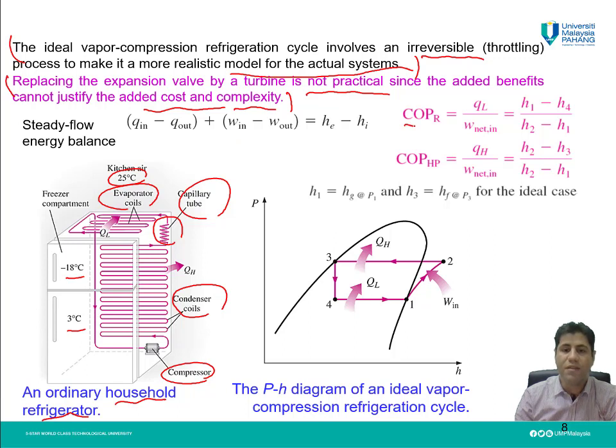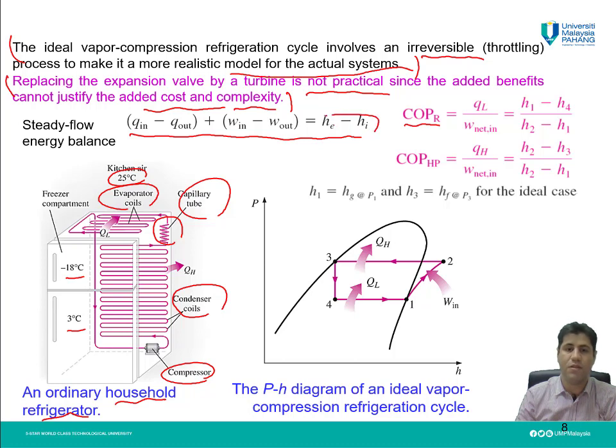And to find COP for a refrigerator with these components, first of all, if you notice here, all of the components which we have here are steady flow devices. Then if we write the energy balance for the cycle, we will have something like this: Q in minus Q out plus W in minus W out will be equal to HE, the enthalpy which goes out of the cycle, minus HI, the enthalpy which goes into the cycle.